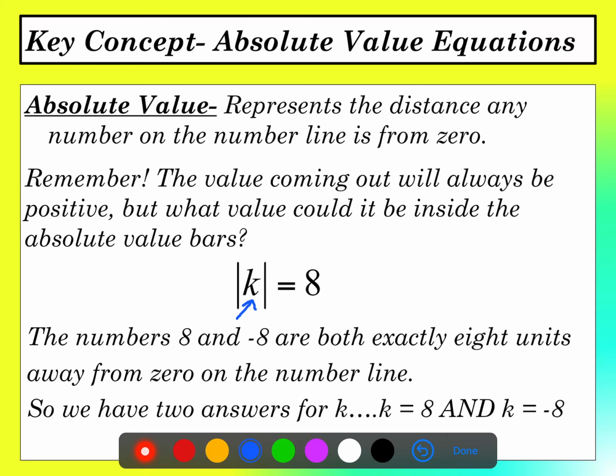So for this little example here, the absolute value of k equals 8, we have two possibilities for k. We could say that the absolute value of 8 equals 8, and we could also say that the absolute value of negative 8 equals 8.